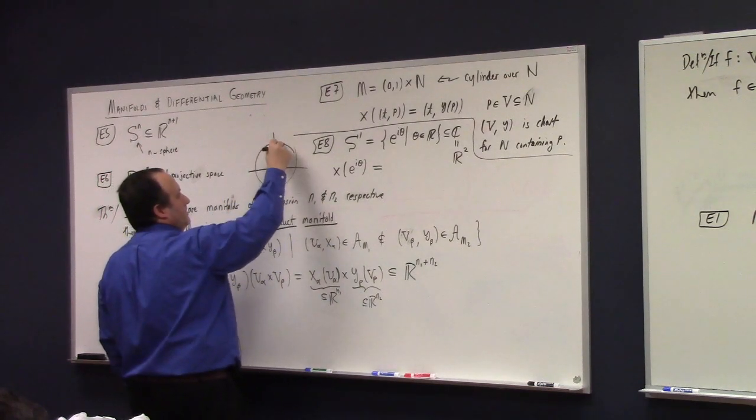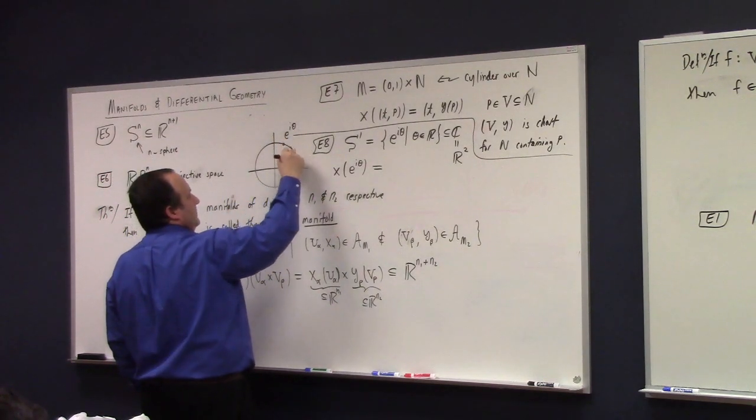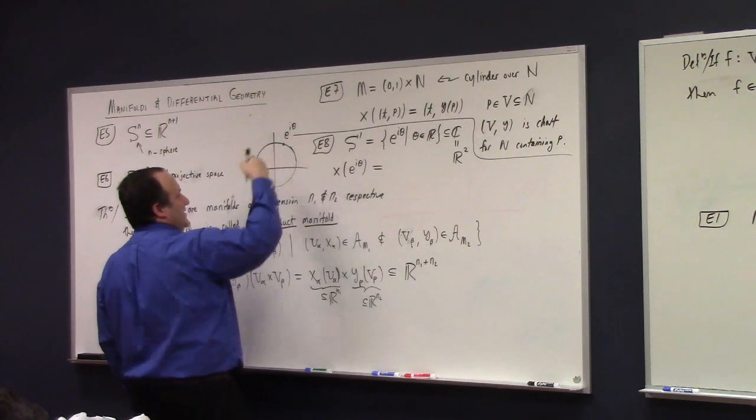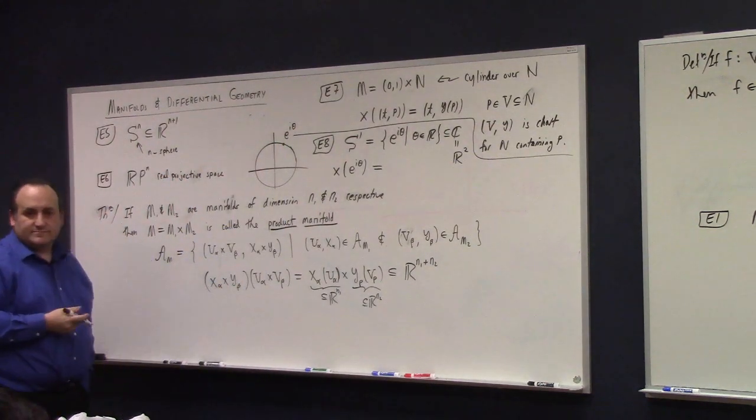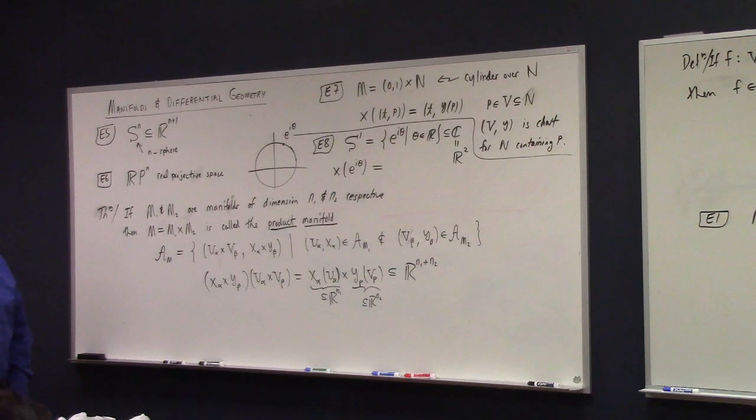Part of the edge. I mean, there's your point. What's the coordinate on that point? There's not one answer. This is an ambiguous question, right?